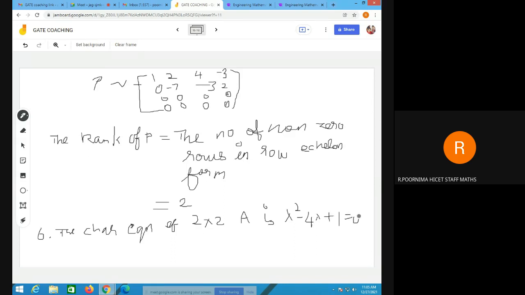This is the characteristic equation of a 2 by 2 matrix. Then the trace and determinant of A respectively are?